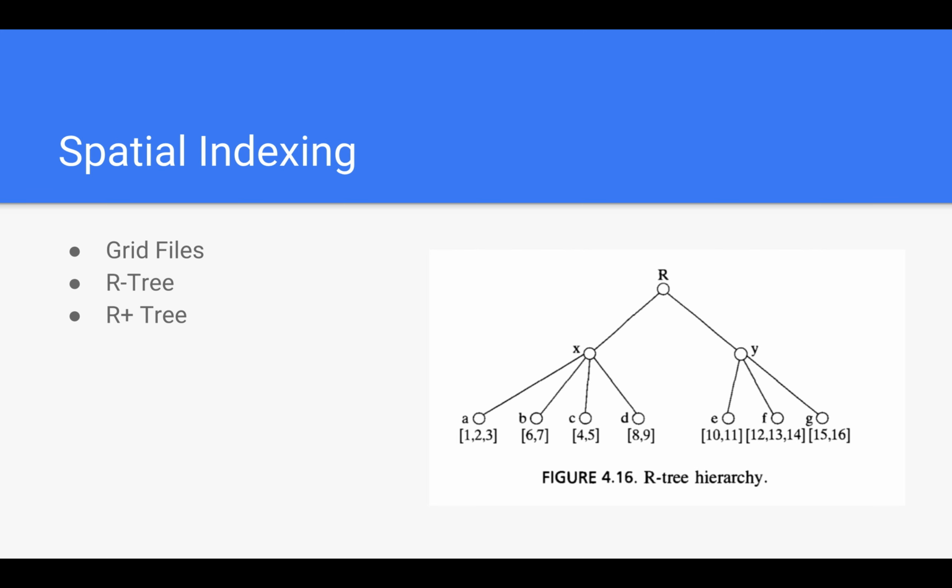And the last one is called the R+ tree, which is a modified version of the R-tree. The goal of the R+ tree is to minimize the overlap problems.